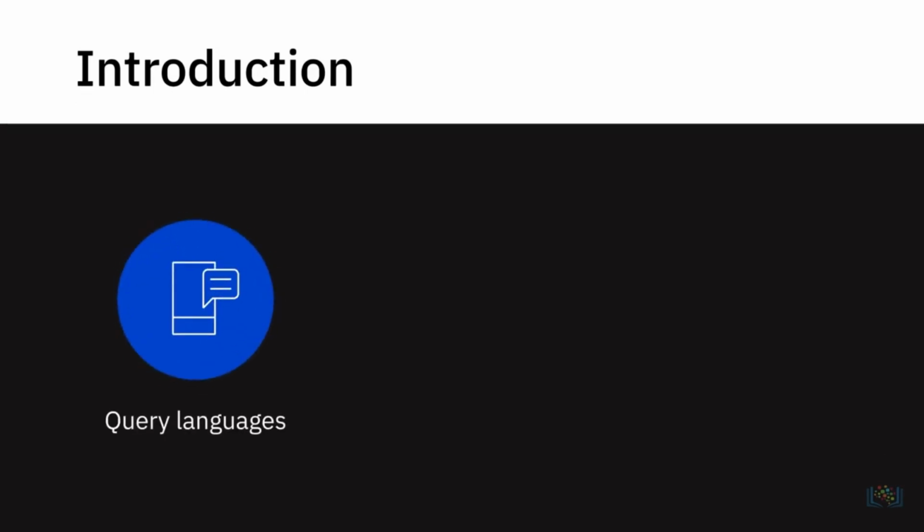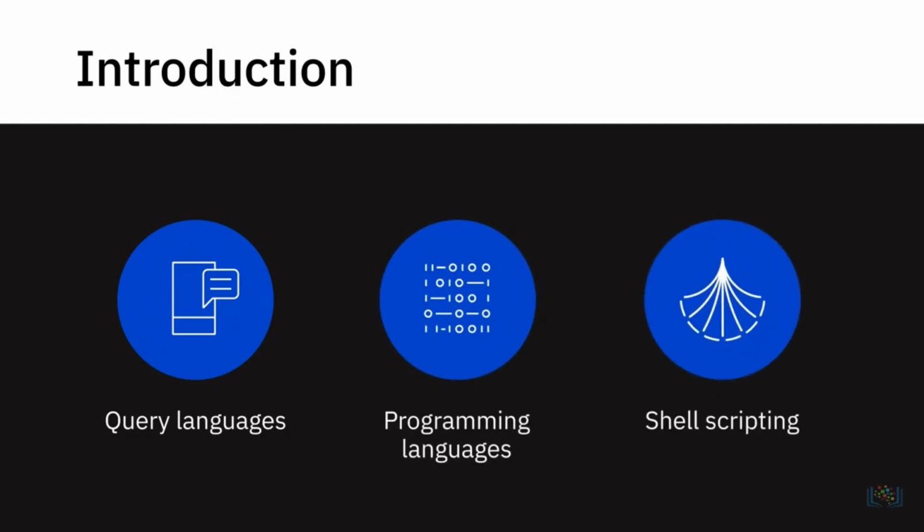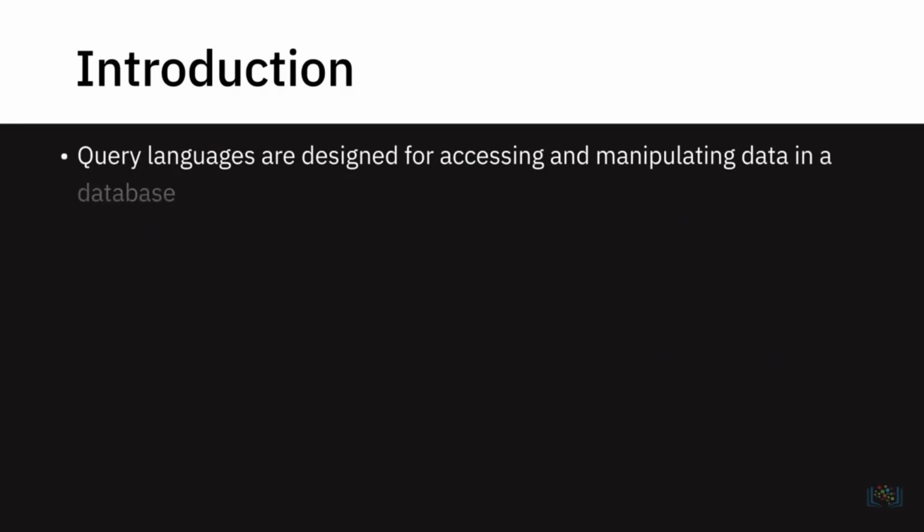In this video, we will learn about some of the languages relevant to the work of data professionals. These can be categorized as query languages, programming languages, and shell scripting. Having proficiency in at least one language in each category is essential for any data professional. Simply stated, query languages are designed for accessing and manipulating data in a database, for example, SQL.